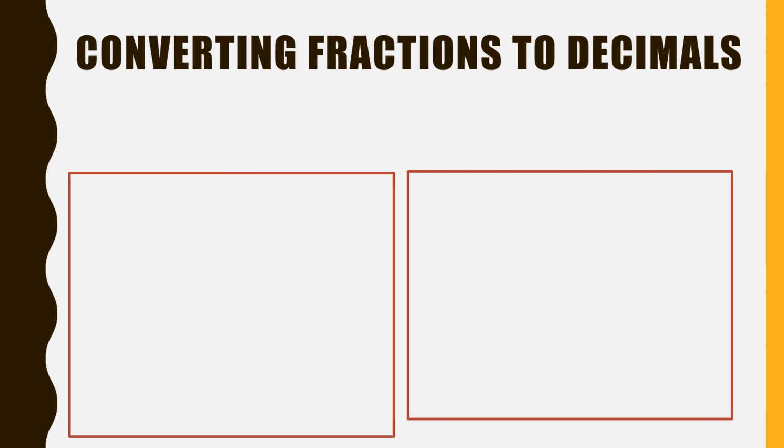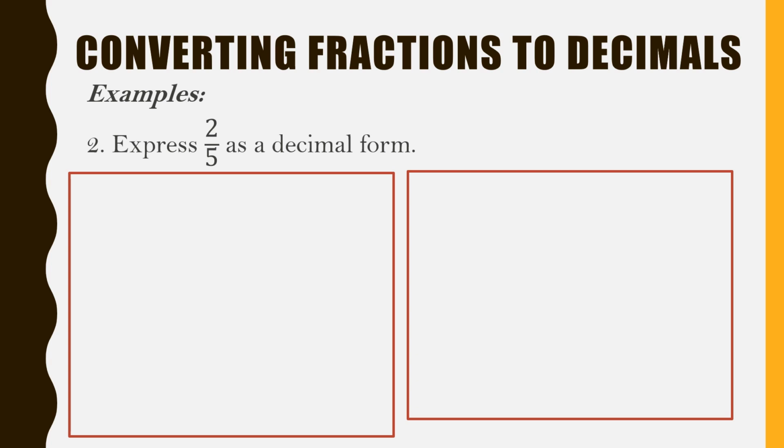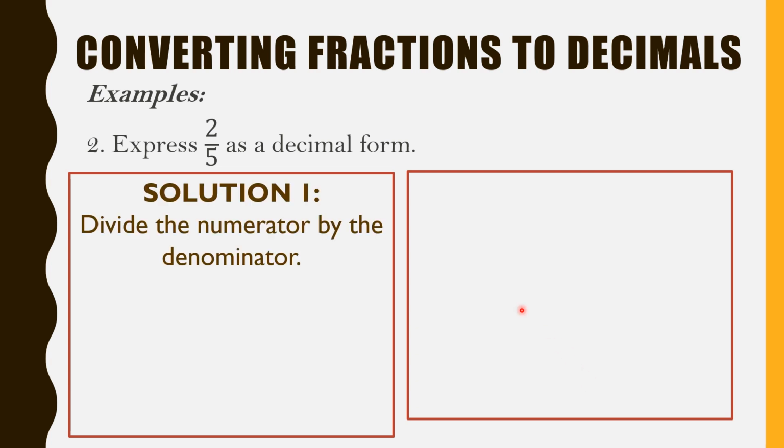Another example. So example number 2, we need to express 2/5 as a decimal form, okay, or 2 over 5. Now, solution 1, we are going to divide 2 divided by 5 again, just like what we've done in example number 1. So 2 divided by 5 is written as this.